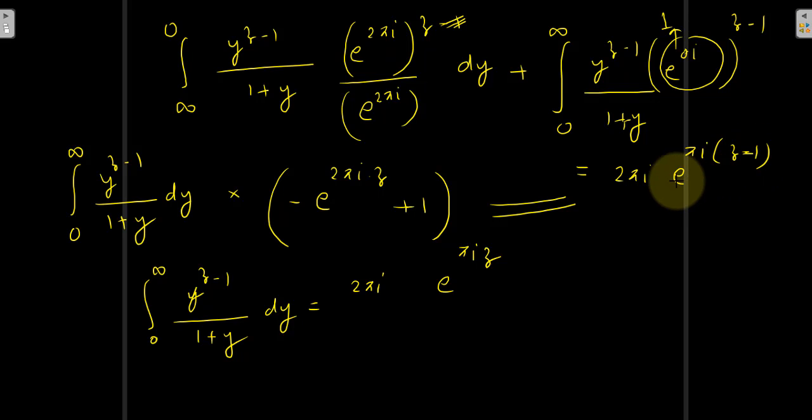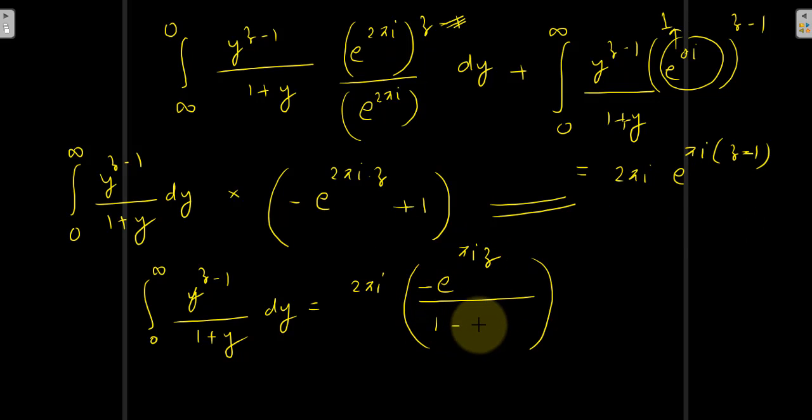and this minus 1 becomes 1 upon e to the pi i, and e to the pi i is minus 1, right? So you will get a minus sign, and this whole is divided by 1 minus e to the 2 pi i z, right?